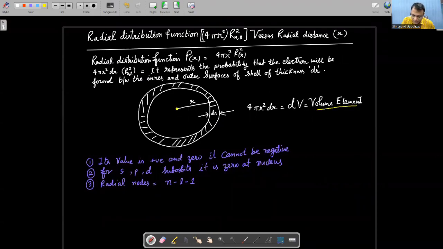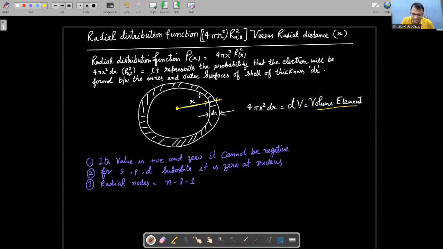So we are taking a sphere from nucleus at a distance r, and the thickness of this spherical shell is equal to dr. So if we want to calculate the volume, since this thickness is very small, 4 pi r square will be the area of this sphere, and into thickness will be the volume of this spherical shell.